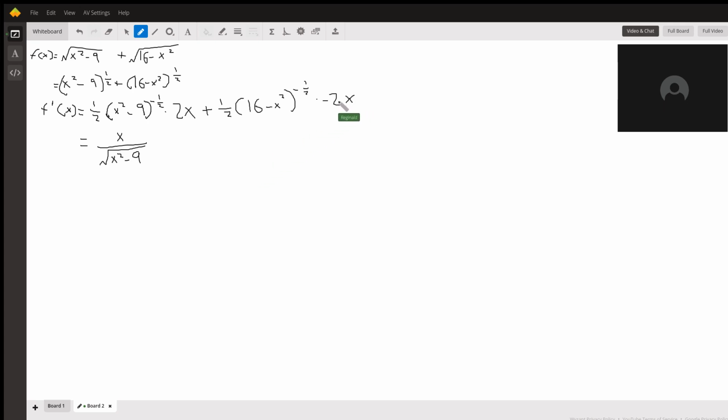So again, this 2 cancels out with this 2. So we just have a negative x in the numerator, right? This negative x is this negative x over the square root of 16 minus x squared.